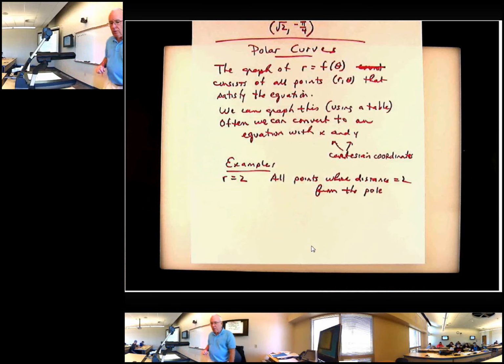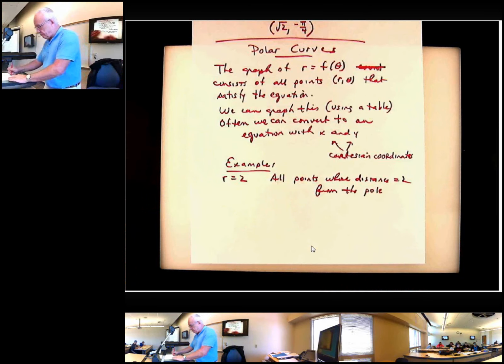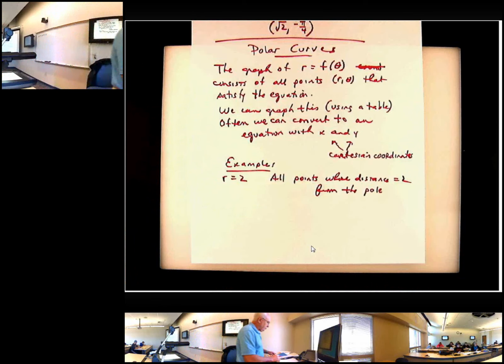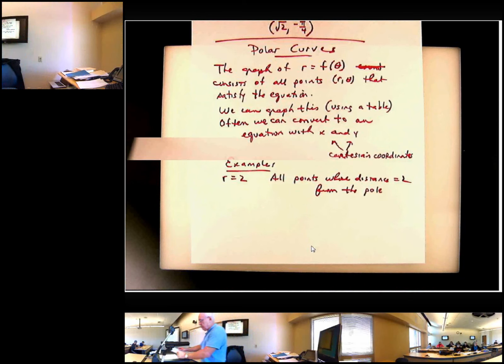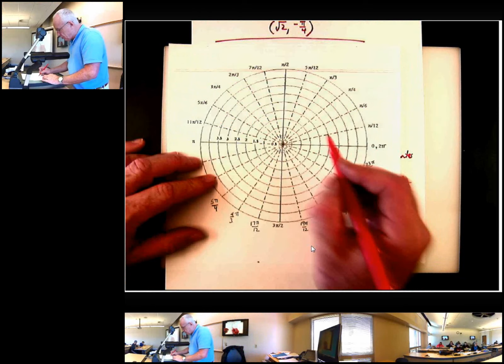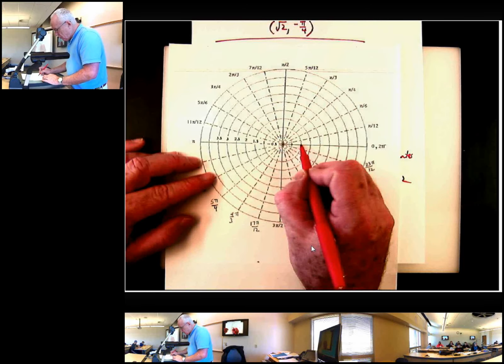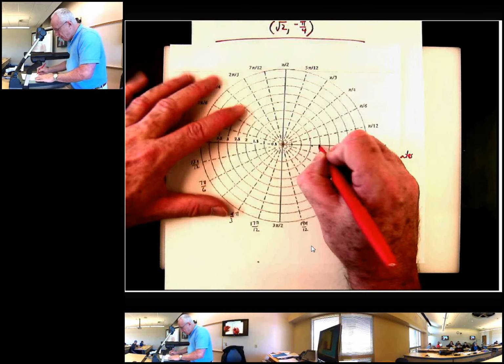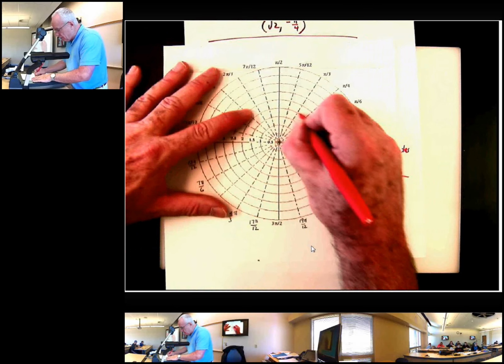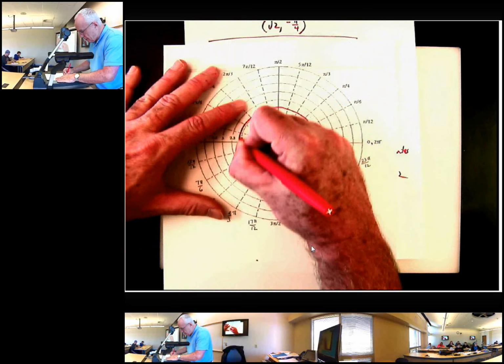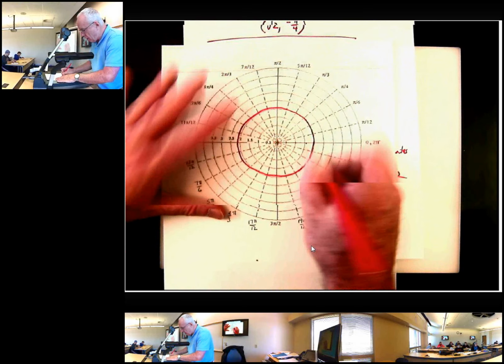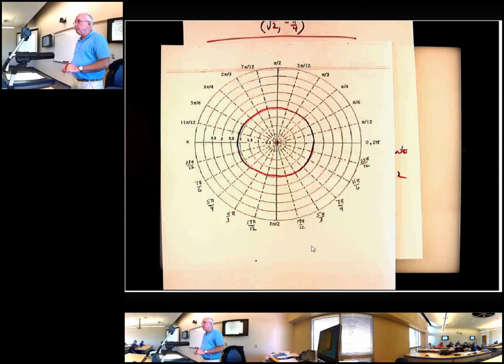Okay, well that's going to be a circle, right? If we look at this, we count out 1/2, 1, 1.5, and 2, and it's going to be everything around that circle where r is equal to 2.